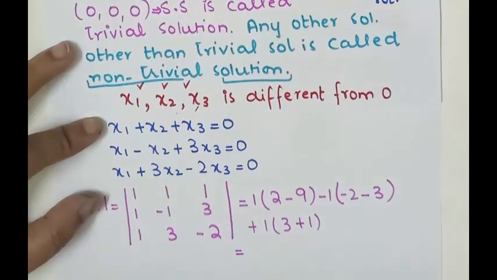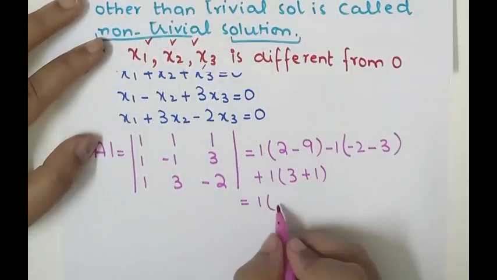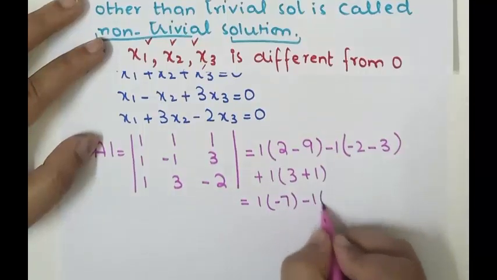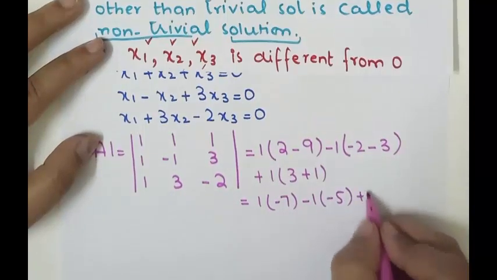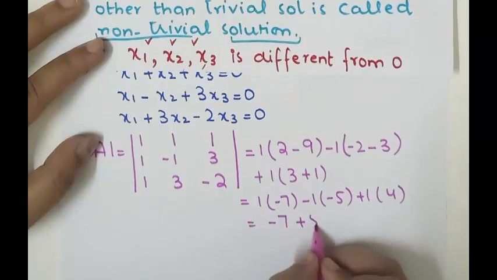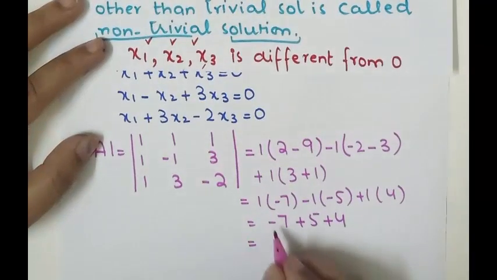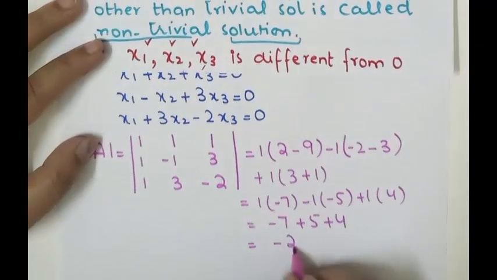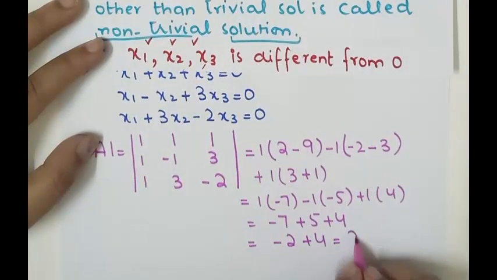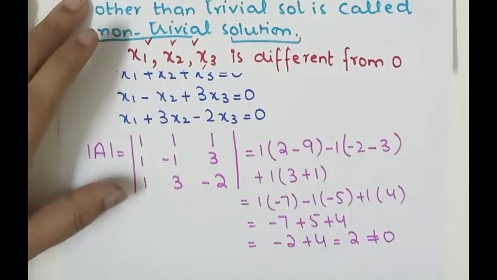This equals 1 times minus 7, minus 1 times minus 5, plus 1 times 4, which is minus 7 plus 5 plus 4. Minus 7 plus 5 is minus 2, plus 4 is equal to 2. So the value of the determinant of A is not equal to 0.